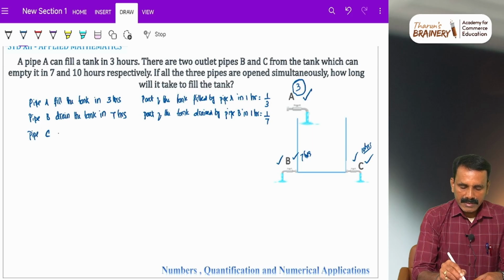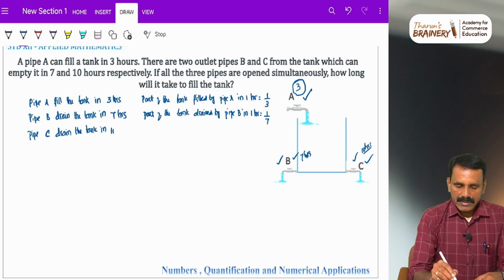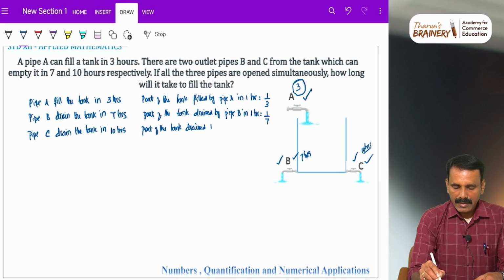and pipe C drains the tank in 10 hours. So, the part of the tank drained by pipe C in 1 hour will be 1/10 part.